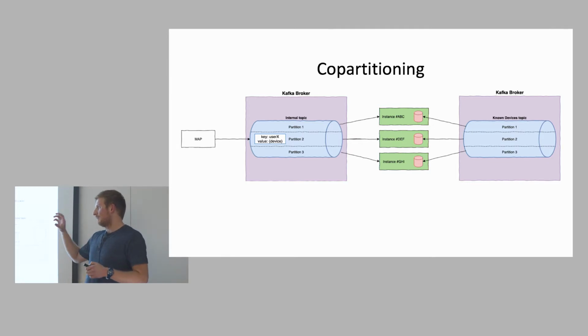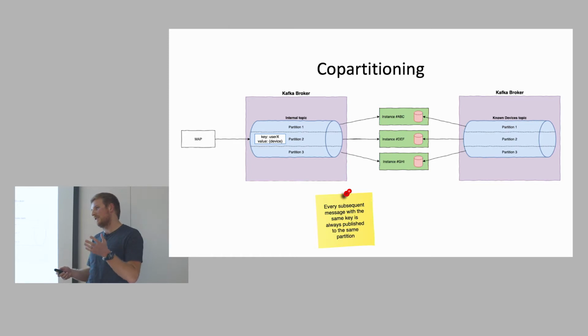So let's imagine our topic is divided into 3 partitions, and this hashing algorithm guarantees that it will always return the same value for a given input. So events for user X will always be put in partition 2 of this topic.